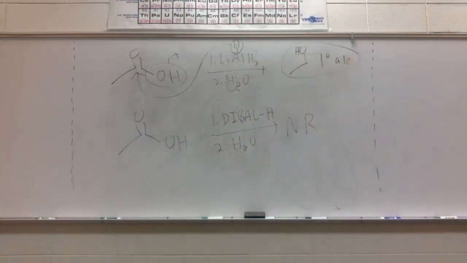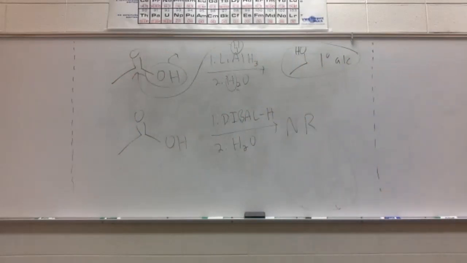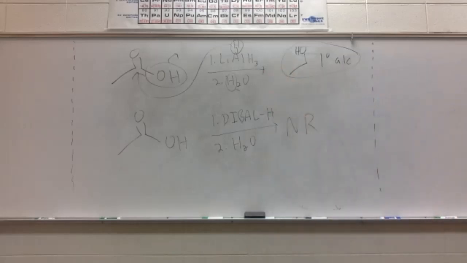So that's where it differs from acid chlorides and esters. Acid chlorides and esters can react with this to make an aldehyde, but acids are just not reactive enough. So the only thing acids react with in this context is going to be lithium aluminum hydride. Okay? Does that make sense? Questions?